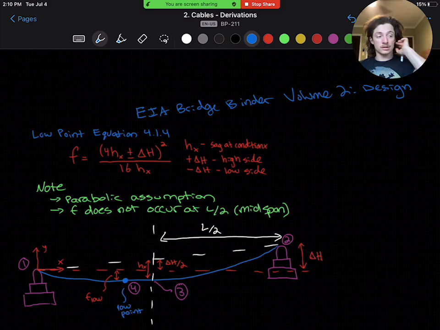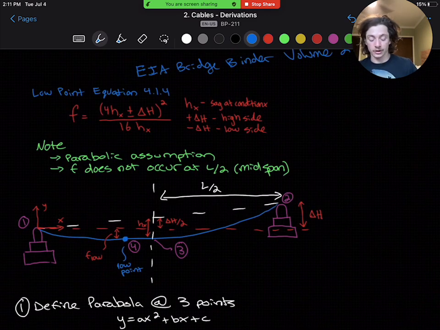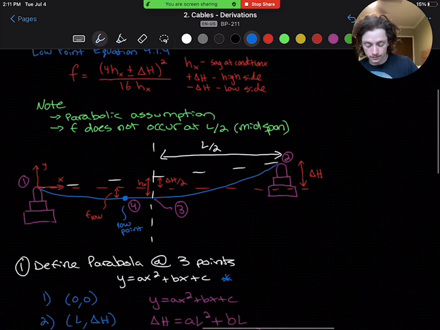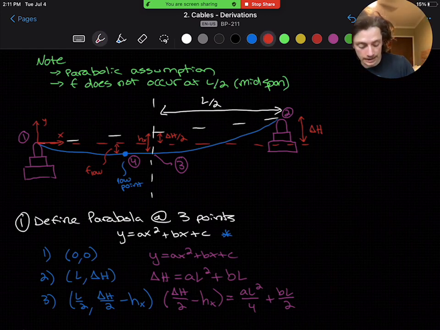So first, we'll take the equation of a parabola, and we can define 3 points. Point 1 will be 0, 0 on the left-hand side, and this helps us define C as 0.